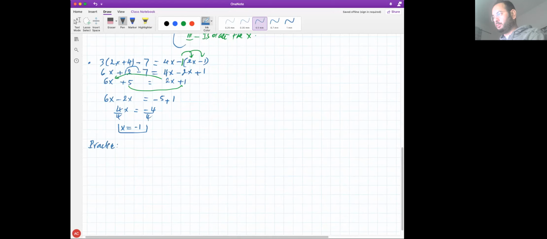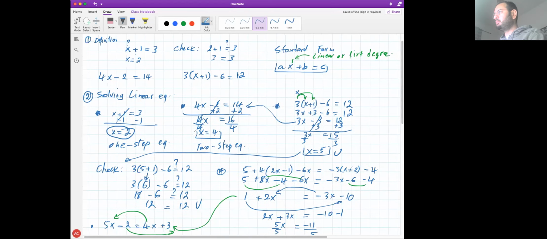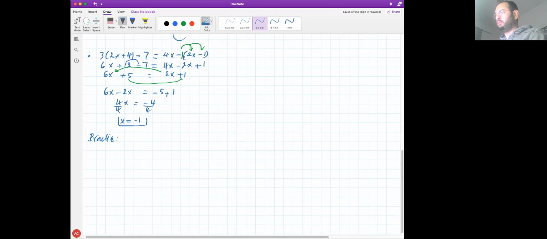All right, so maybe one of each. Say maybe negative 3x plus 6 is negative 12. So watch your signs carefully, okay? Signs are important, so I'm giving you all sorts of signs here.